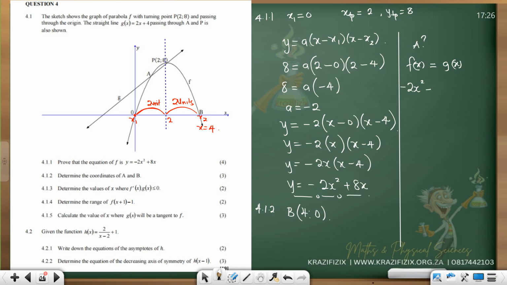Negative 2x squared. All right, what is my g? 2x plus 4. Okay, so what do we have? Negative 2x squared plus 6x minus 4. That's moving everything over. Let's divide by negative 2 to simplify.